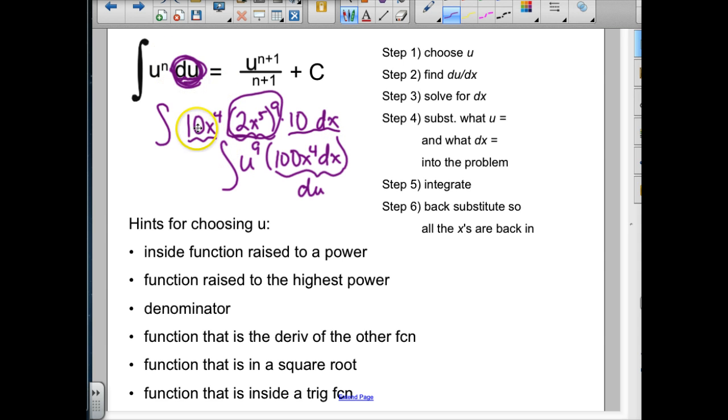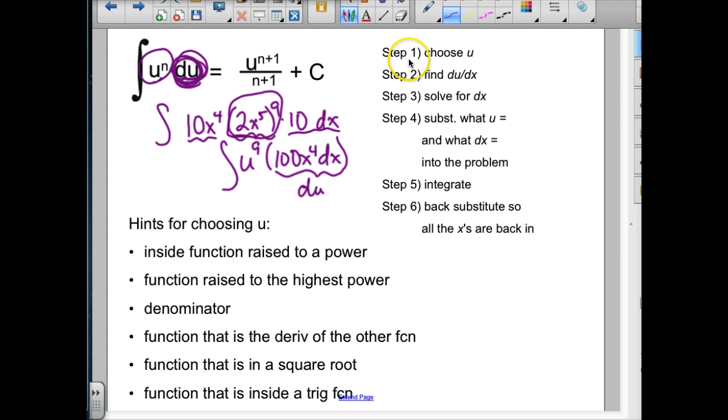So we're trying to rearrange our integrand that looks like a product right now into a main function to a power, and then the rest of it is going to be part of our dx. And then once we get that, we can use this formula. It'll make more sense after I do some examples.